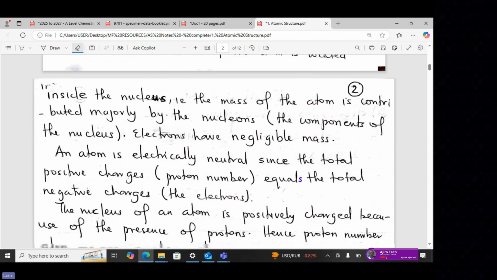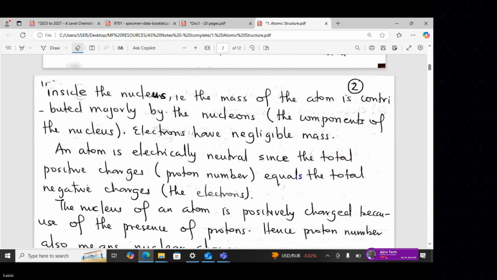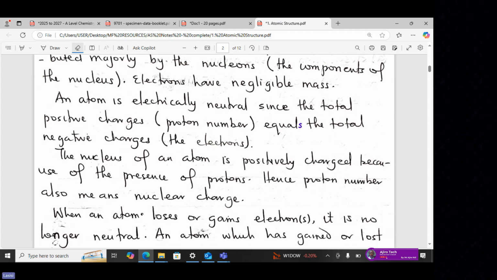An atom is electrically neutral since the total positive charge, that's the proton number, equals the total negative charge, the electrons. The nucleus of an atom is positively charged because of the presence of protons.